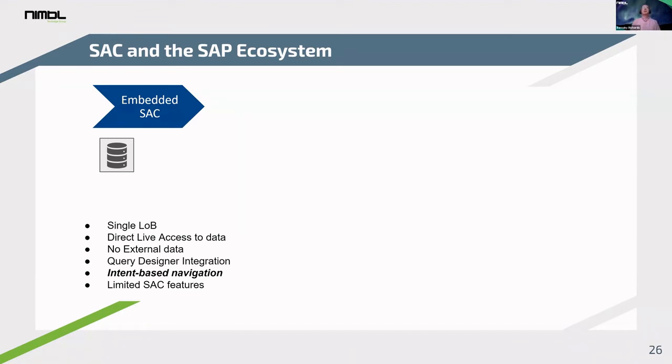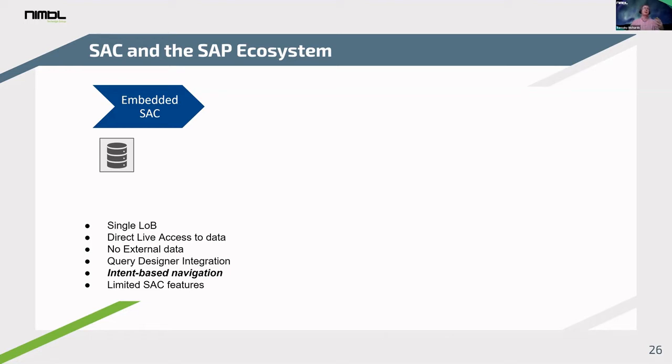So if you're running SuccessFactors or Concur or some CX tools, or if you're running S4 or S4 2020 on-premise, you can enable an embedded version of SAC, which will allow that application to use many of the features of SAC. The important point here is this is for single line of business.